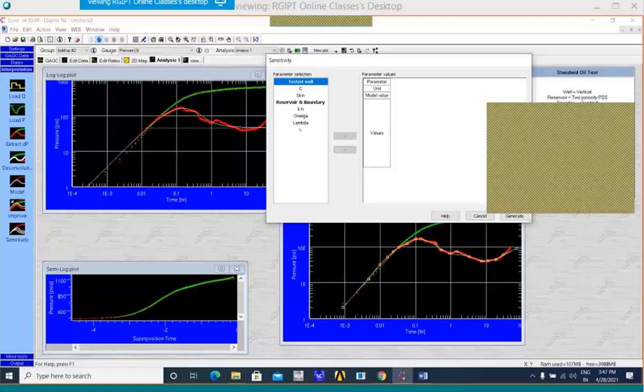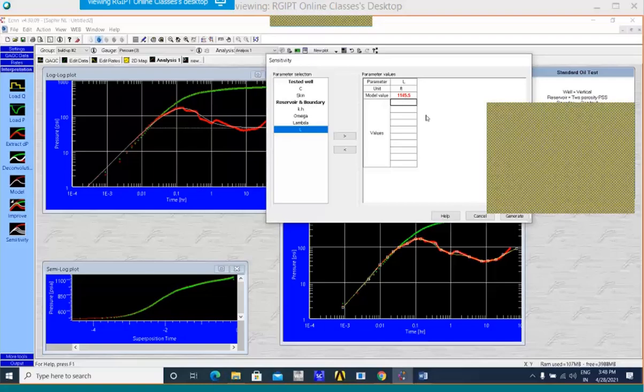What we have suggested, Chandrahas. Can we do what? One minute. We can do sensitivity analysis with L and fault distance. So let us take this value of L. The model is suggesting L as 1145. Tell me, what do you suggest? What could be the L value?